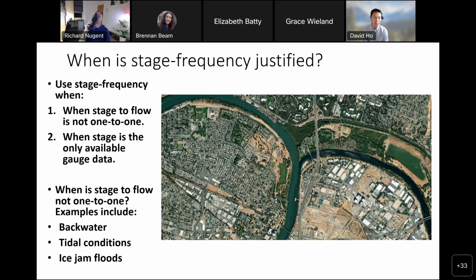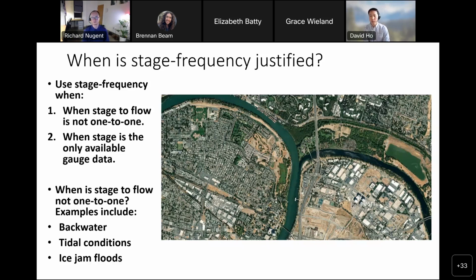Tidal conditions and ice jams are other conditions that can cause backwater too. Because of these effects downstream, they end up creating changes to your flood stage relationship so that your flow and stage is not one-to-one. Right, and that information is important for FDA.